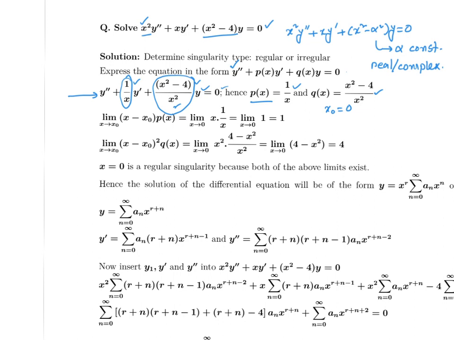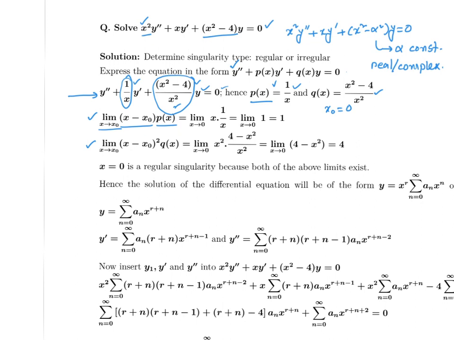The way to find it out is to take this limit and this limit. What is the first limit? Limit as x approaches x naught, the singularity point, of (x minus x naught) times p of x, the p of x that we got here.